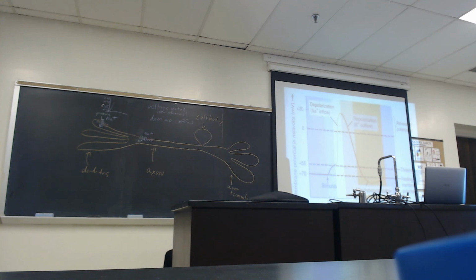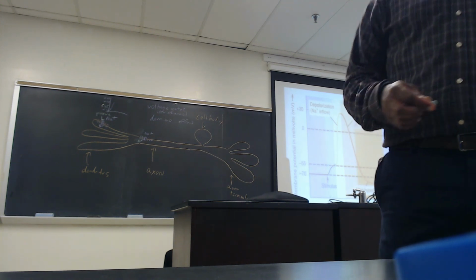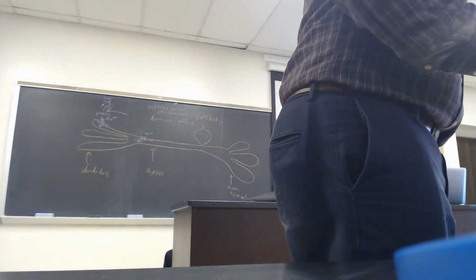Sodium's not going to move outside. If most of sodium is outside, then it's going to move to where it's at a lower concentration. If you have most potassium inside the cell rather than outside, and its channel opens, where is potassium going to go? Beautiful. Its flux, its movement is going to be from inside the cell to where?